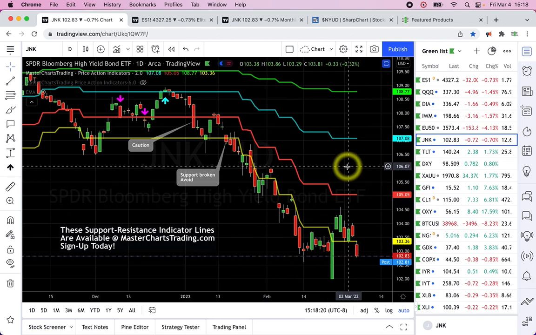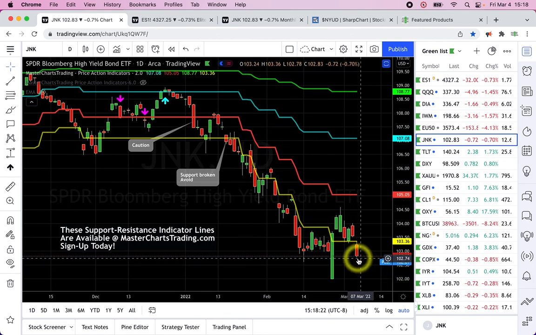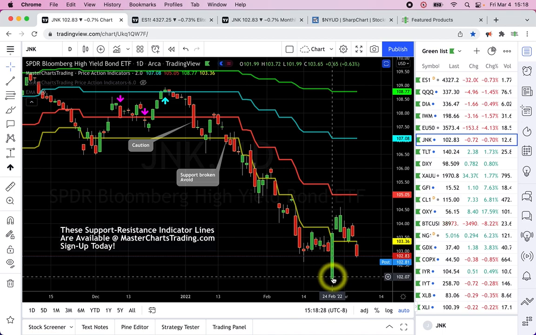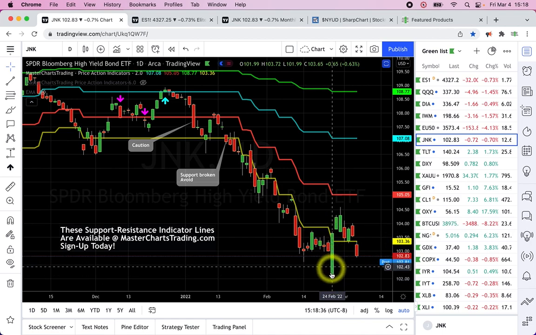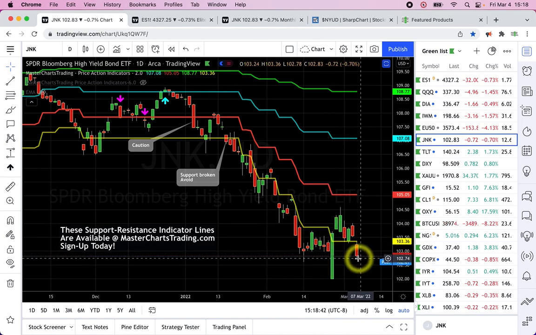Excuse me. So looking at this 52-week low, we closed today at a 52-week low. It's not the 52-week low because the 52-week low was set here on 24th of February. And I thought, wow, this has got to be something like a bullish engulfing. But not so fast, I guess.